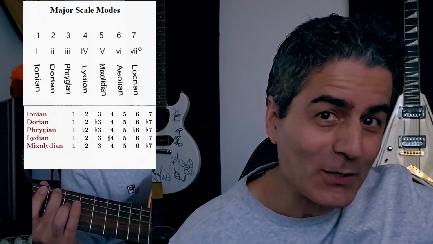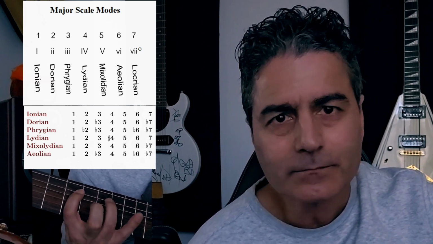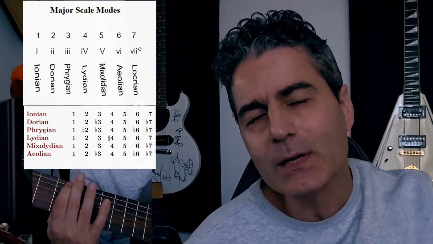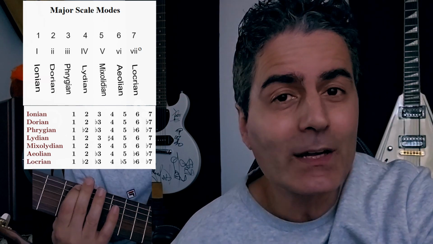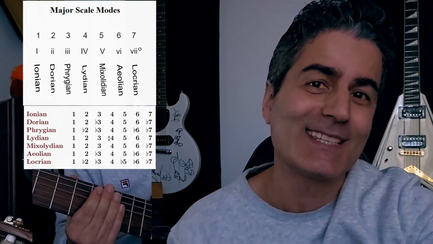Right? Makes a difference, right? And then you have your Aeolian, which is your natural minor scale. Flat 3, 6, and 7. And your Locrian has the flat 2, 3, 5, 6, and 7.